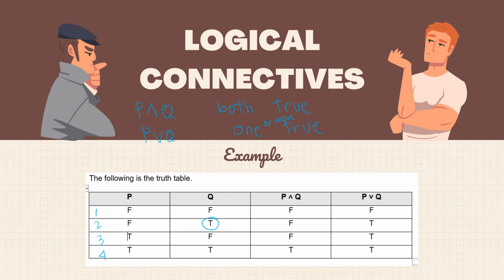So if there's only one, P or Q is true. So these are the truth values. Then the fourth one, we have P true, then Q proposition is true. P and Q is true because they are both true, and P or Q is also true.